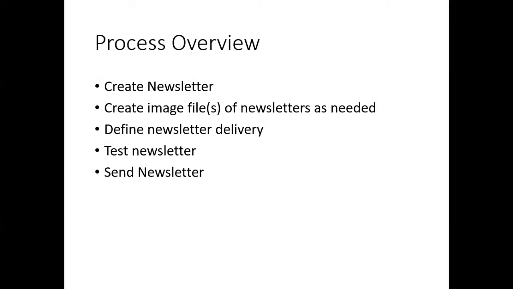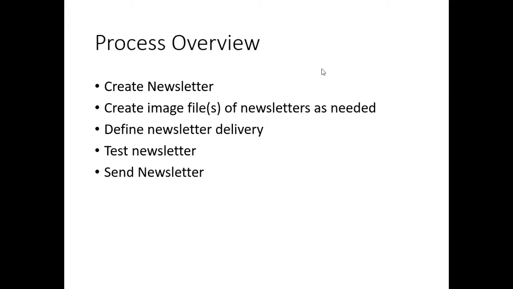So just to give you a quick overview of the process: first you'll need to start with a newsletter. If your newsletter is a PDF file, then you will need to create an image in order to use MailChimp. I say that simply because inside of MailChimp, you can actually create the newsletter directly.